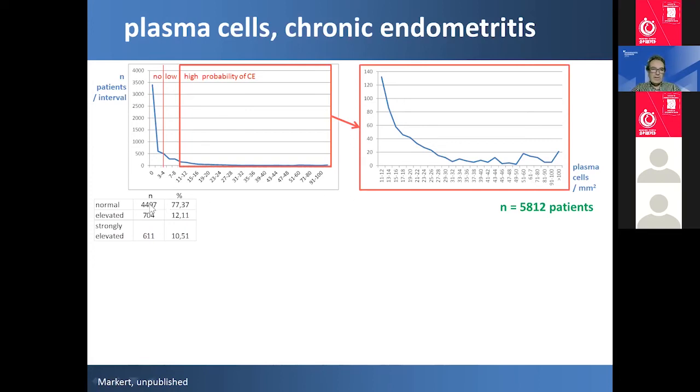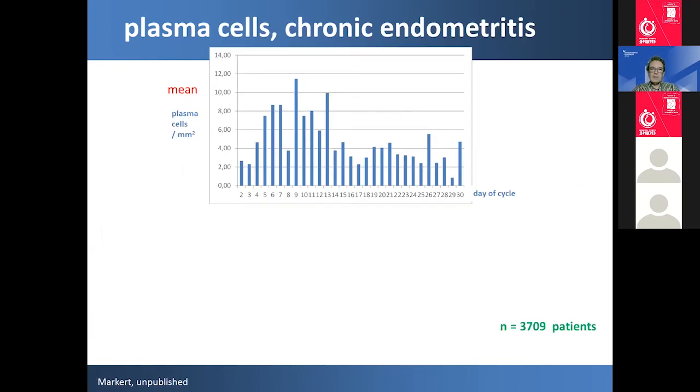So what you can see here, this is the number of normal samples, 77%. This is elevated and strongly elevated numbers of plasma cells. So approximately 23% of our samples have elevated plasma cells. Here you see the dependency on the day of cycle.